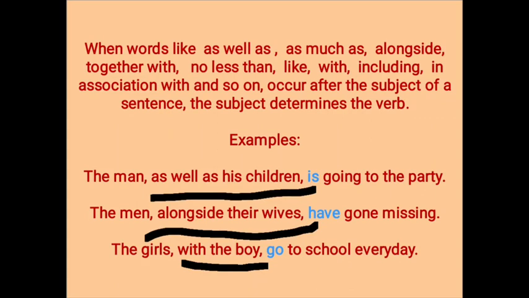We can say the girls go to school with the boy every day, or the girls go to school every day with the boy. These parenthesis statements only tell us more about the sentences. That's all. So they shouldn't be considered when choosing the right verb.